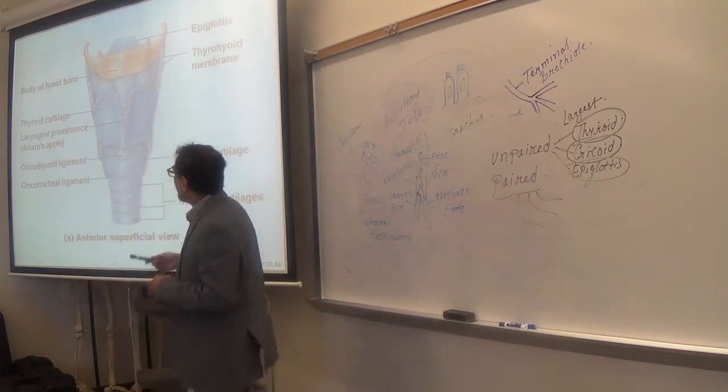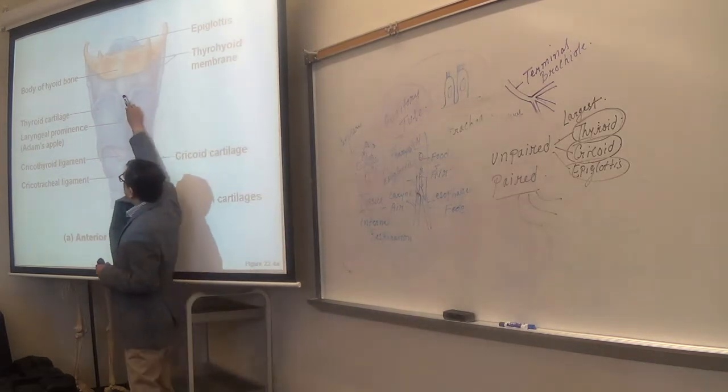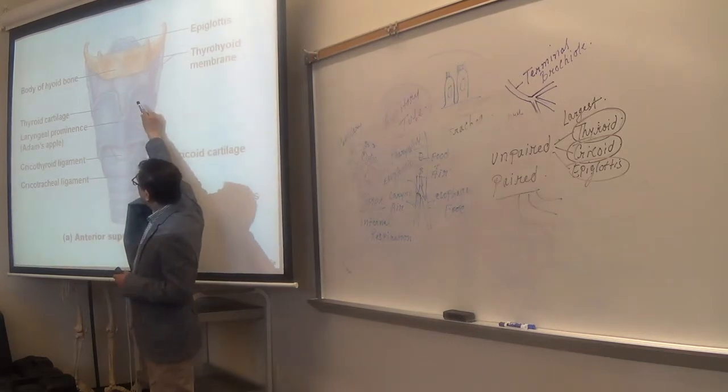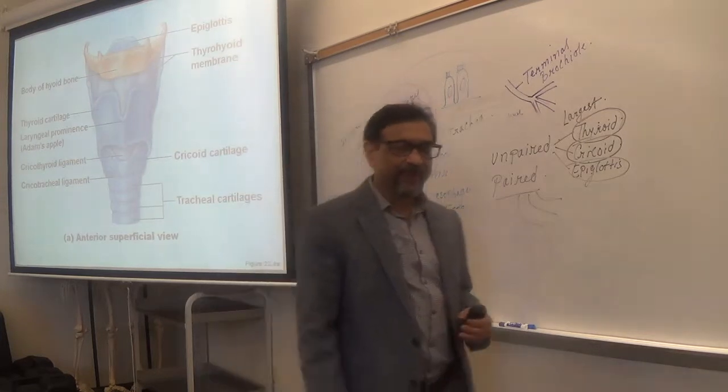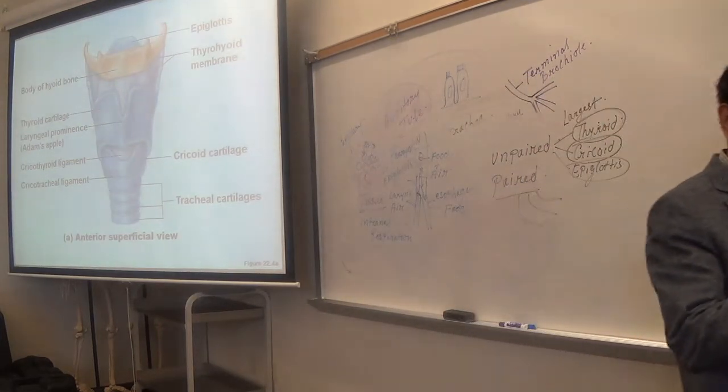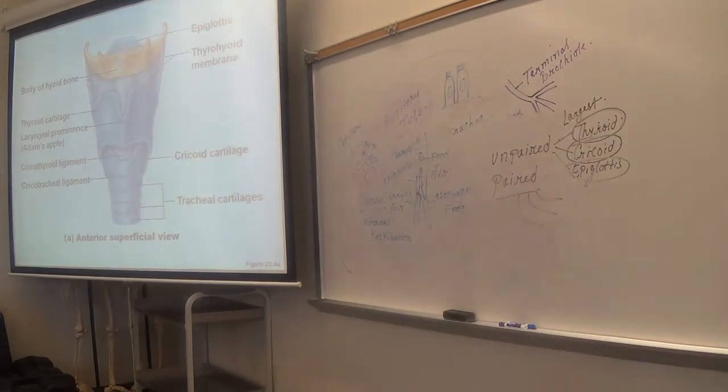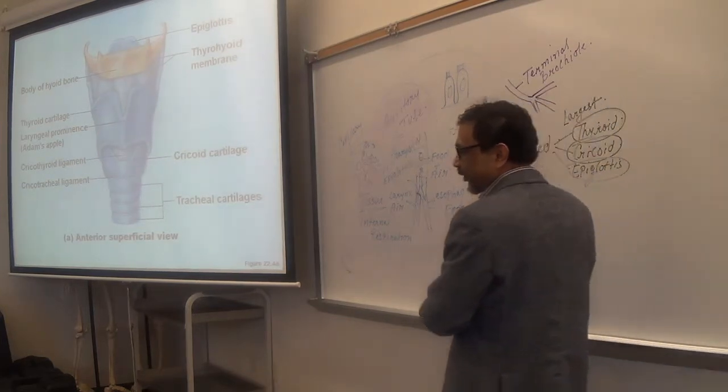Okay? A membrane connects the hyoid bone and thyroid cartilage. Its name is very simple, just connecting those two structures: thyrohyoid membrane, from thyroid cartilage to hyoid bone.